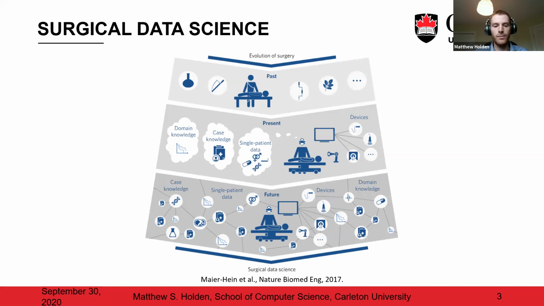We know much about human pathology and anatomy. And for any individual patient, we may have considerable health records or medical history. And we also have quite sophisticated devices, medical imaging devices, robot assistants for certain types of surgery, and other very sophisticated surgical instruments.